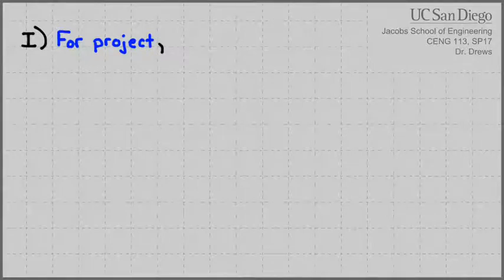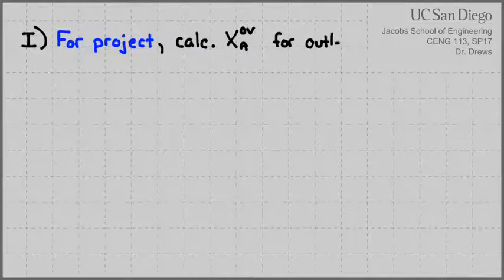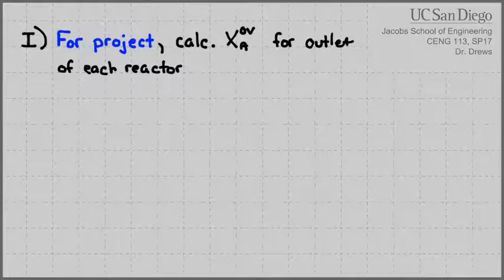But for the blue project, what you're going to do is calculate XA overall for each reactor. And then you're going to add this to the plot.